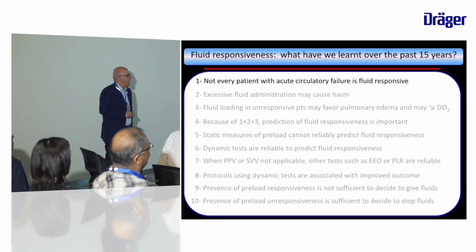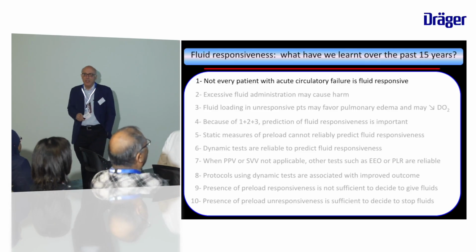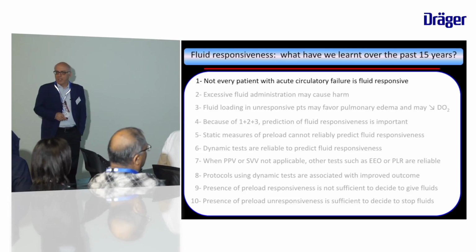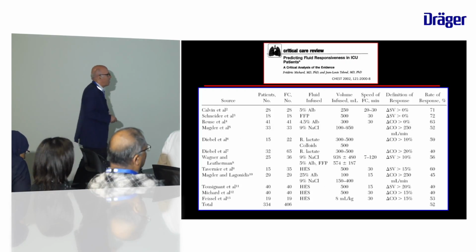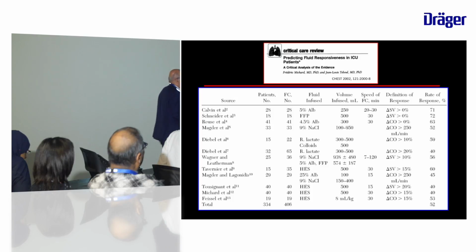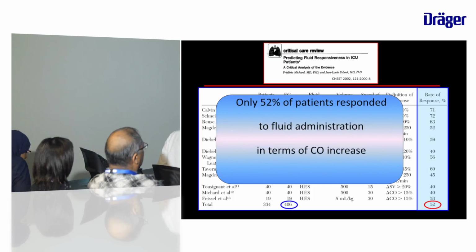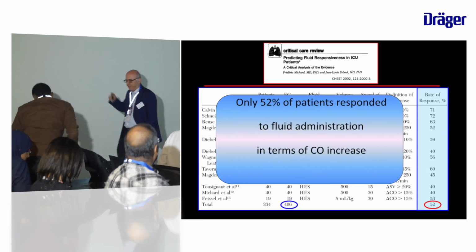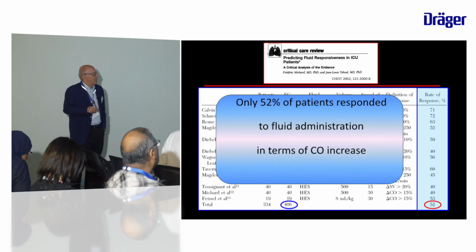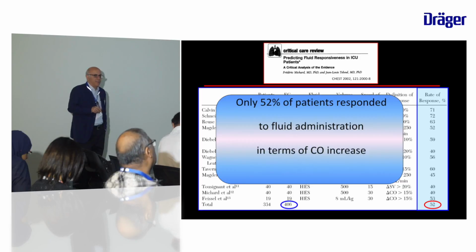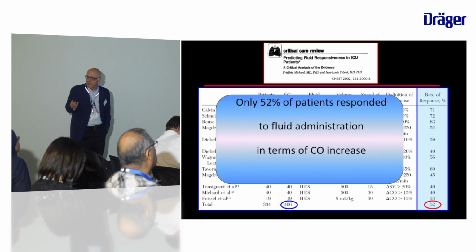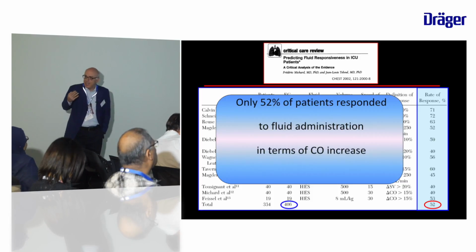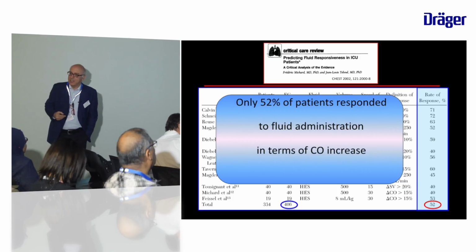First of all, not every patient with acute circulatory failure is fluid responsive, okay? You see here that with this definition, only 50% of critically ill patients are responsive to fluid administration, if we accept the definition before that fluid responsiveness is the increase in the stroke volume with the increase of the preload.